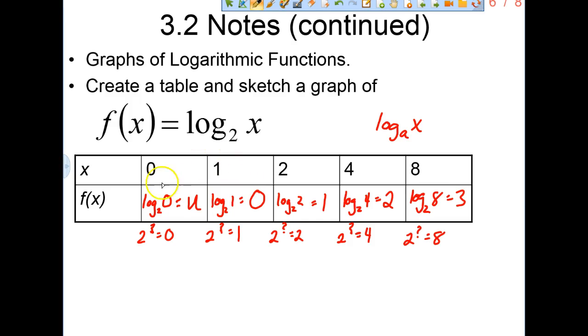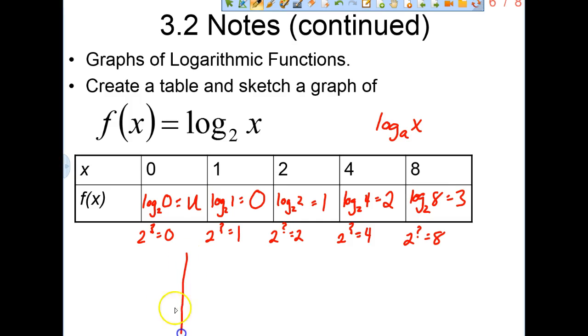So we have 0, undefined. Well, we can't really plot that, but we do recognize that an undefined value should be an asymptote or a hole, and we'll talk about that more. Then we have 1, 0; 2, 1; 4, 2; 8, 3.